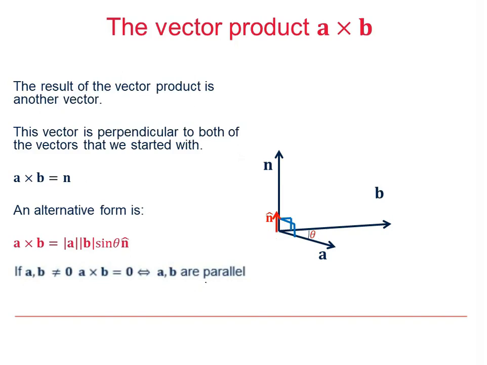So let's recap that then. We have our two vectors a and b with the angle theta. Then a cross b is defined as mod a, mod b, or the length of a, the length of b, sine theta, and n hat gives us that direction. And notice that it's perpendicular to both a and b.